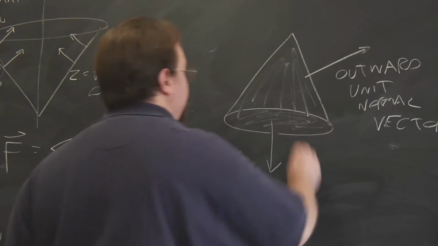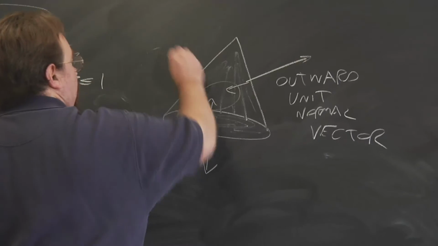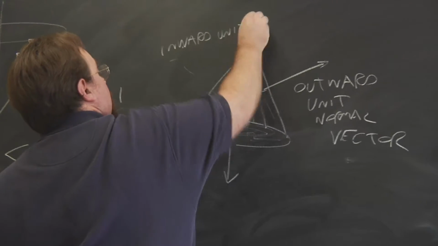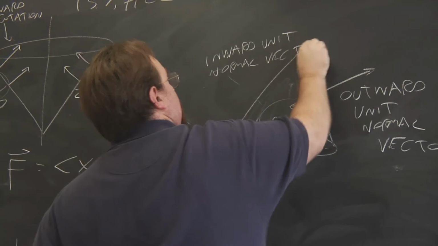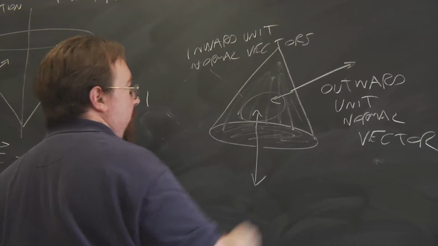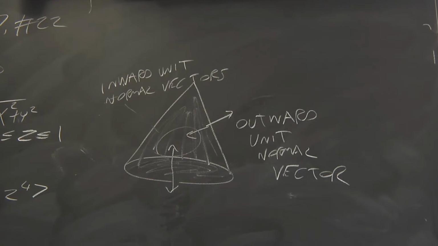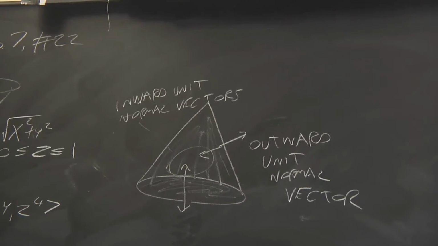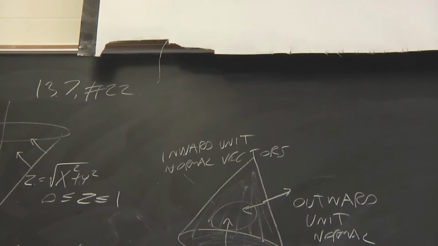Whereas you could switch orientations and point inward. So these are inward unit normal vectors. If I'm going to call everything a unit normal vector, I should shorten these, just so they're roughly the same magnitude. So those are the two choices of orientation with a closed surface, pointing in or pointing out.